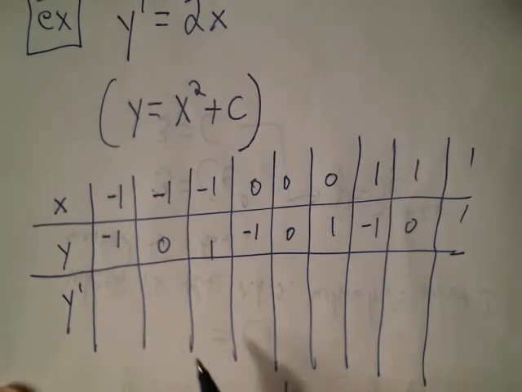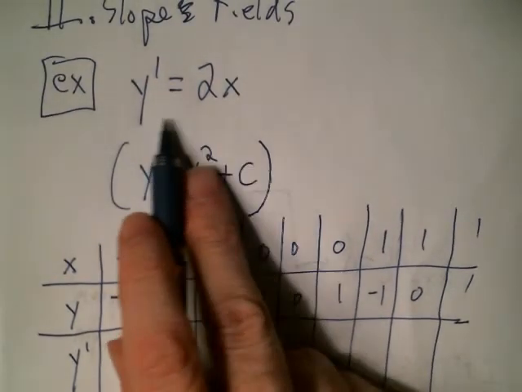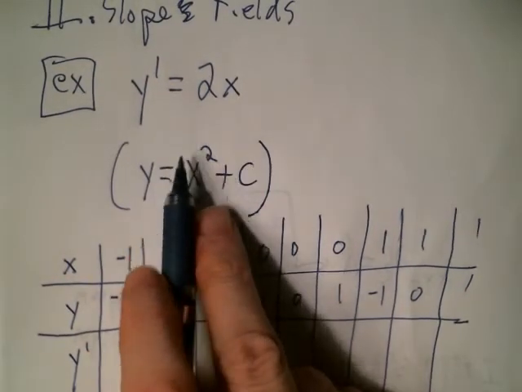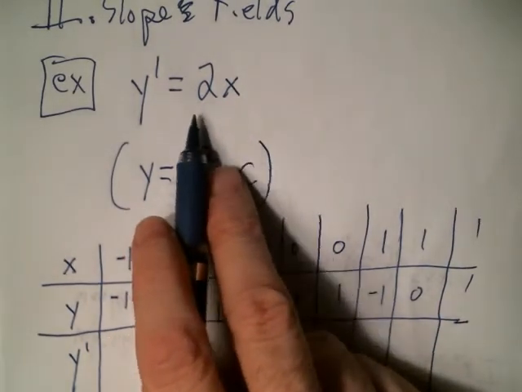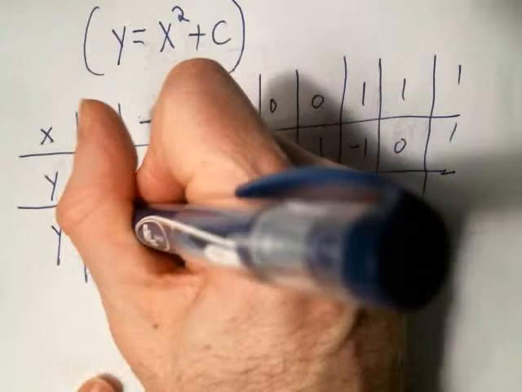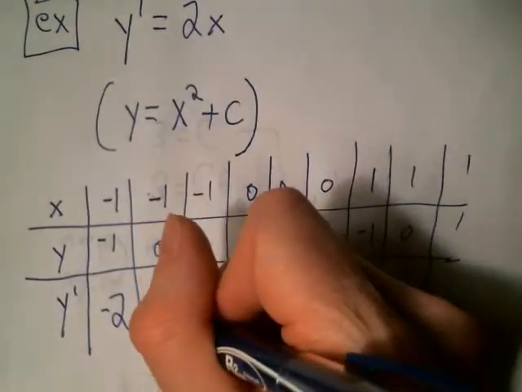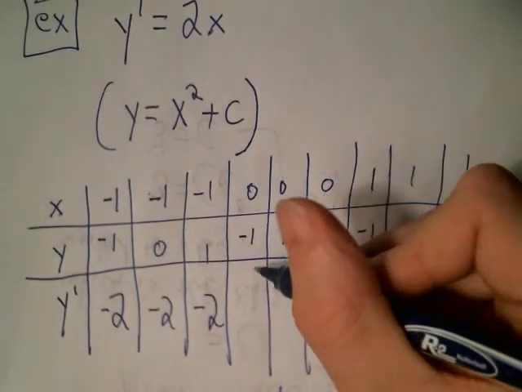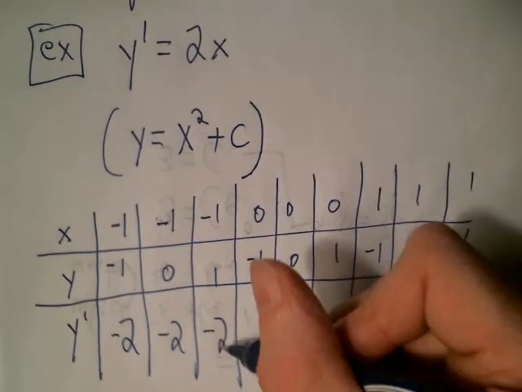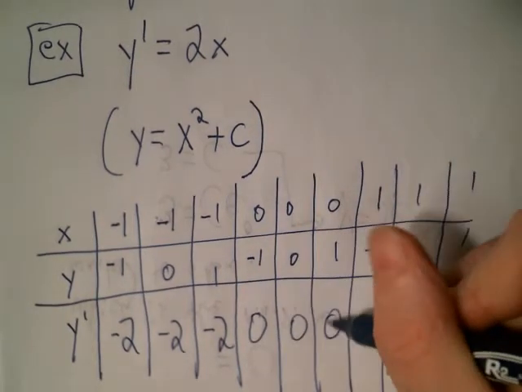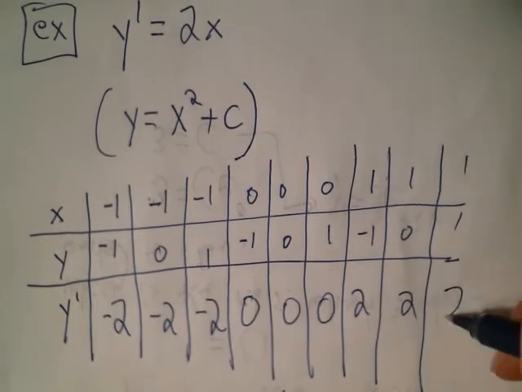I'm plugging these xy's into this formula, the differential equation. There is no y, so you don't put anything in for y, but you put it in for x. So -2 is the slope of the solution curve there, and so on. Here it's 0. When you plug 0 in for x, you get 2 times 0, which is 0. When you plug 1 in for x, you get 2 times 1, which is 2.